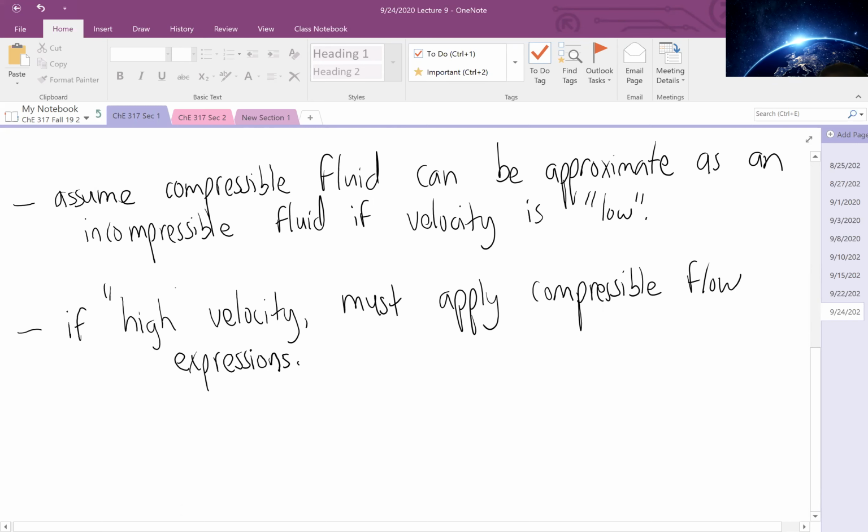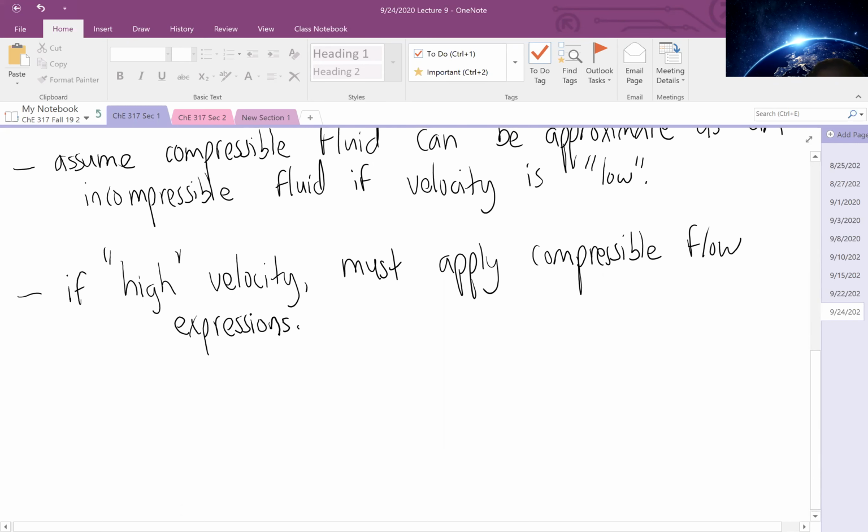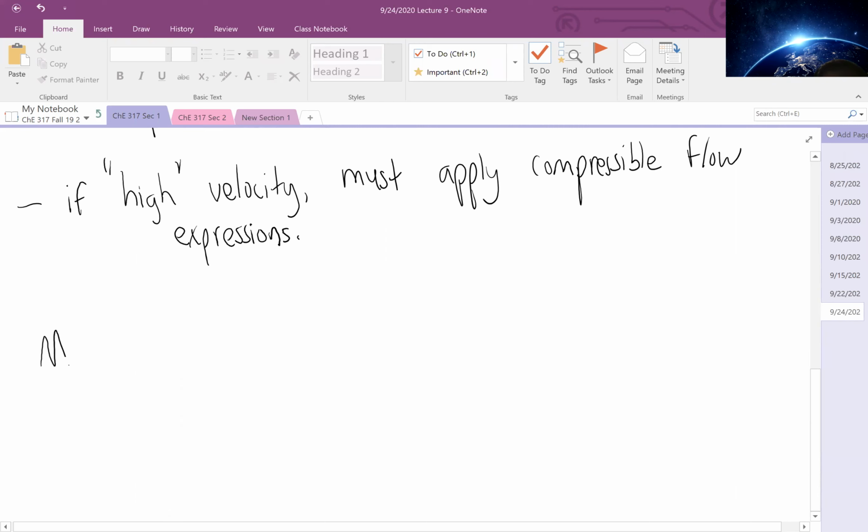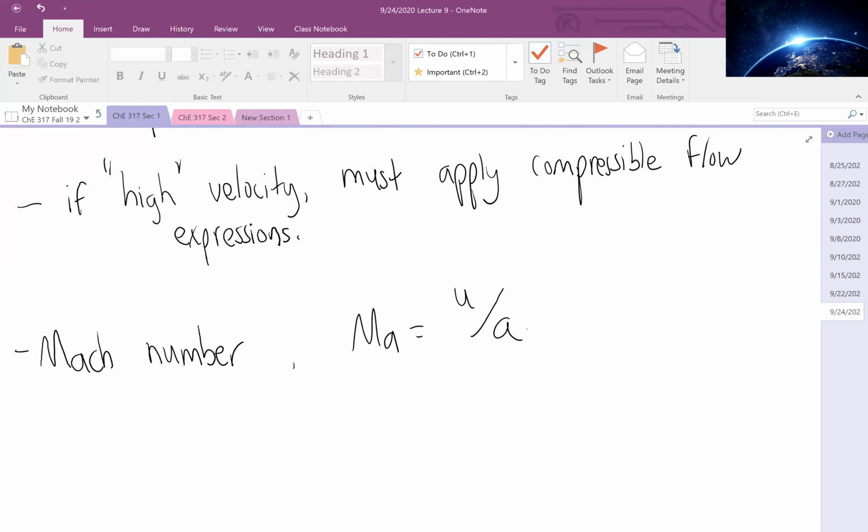And we can quantify this relative velocity using our Mach number, where the Mach number is equal to the fluid velocity relative to its speed of sound, a, at a given temperature and pressure.